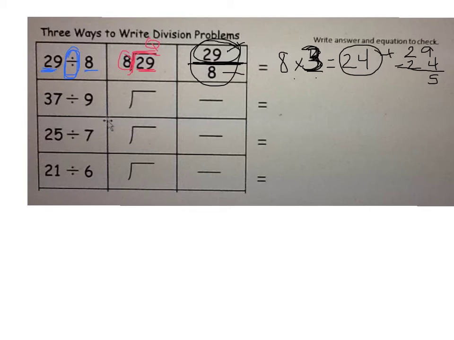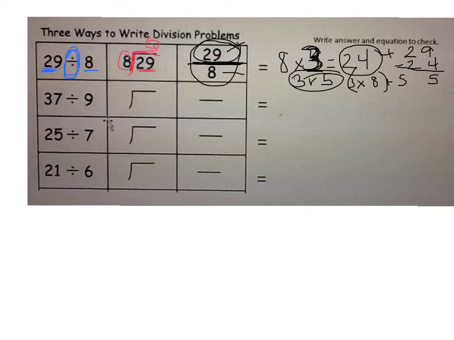My answer is 3 with the remainder of 5. Now, I could say 3 times 8 plus 5. To do that first would give me my answer. And that's how I would add to check, or multiply to check. Now, I'm going to circle my answer to make sure everybody knows that it's what it is.